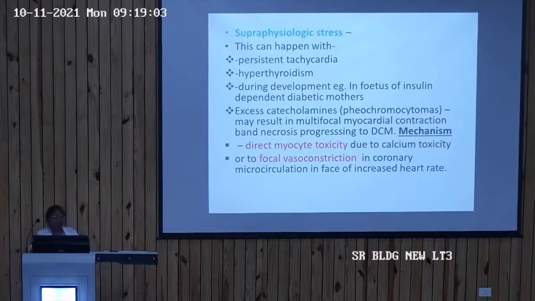Then another cause is the supraphysiologic stress. That is, we are putting more stress on the heart. This can be due to persistent tachycardia due to any cause, hyperthyroidism, and development in the fetus of insulin-dependent diabetic mothers, and if there are excess catecholamines, which may be due to a tumor, pheochromocytoma.